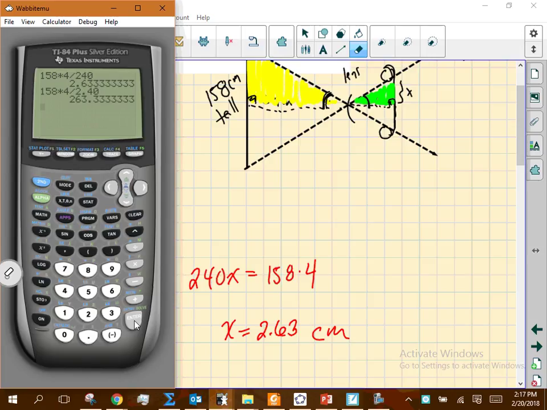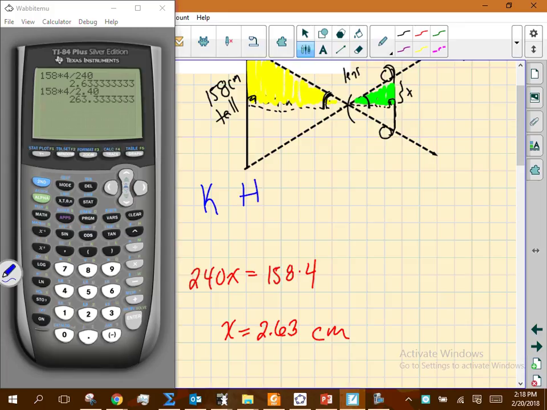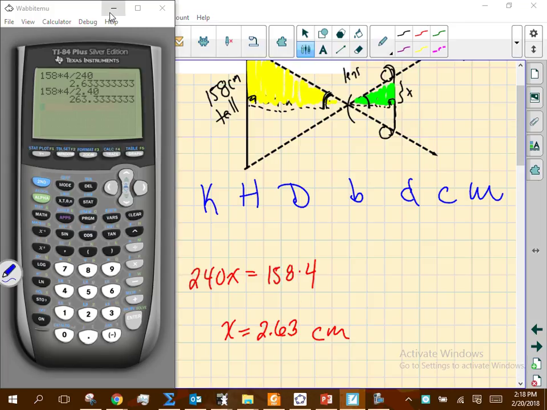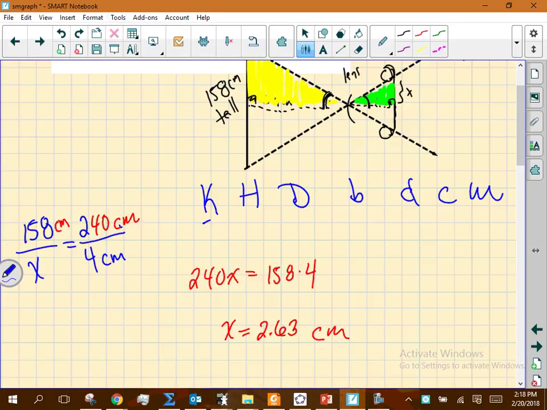Do you guys know from science class this, King Henry died by drinking chocolate milk? K stands for kilo. Careful, because you could be in your base unit of meters, grams, or liters, right?